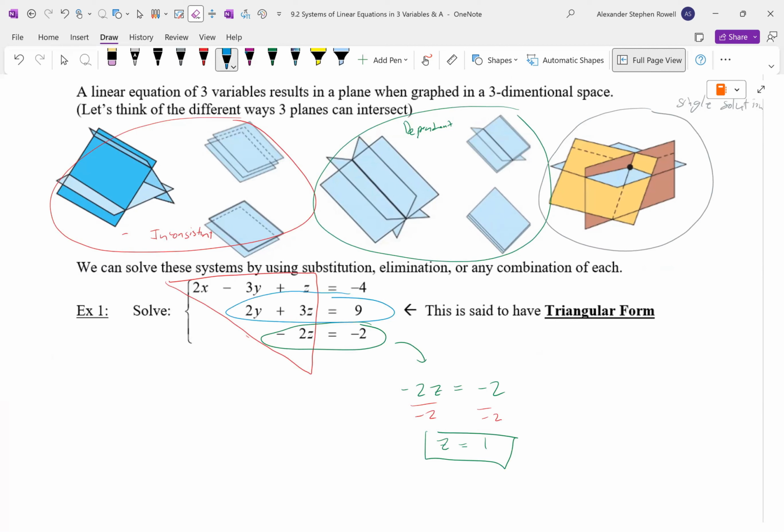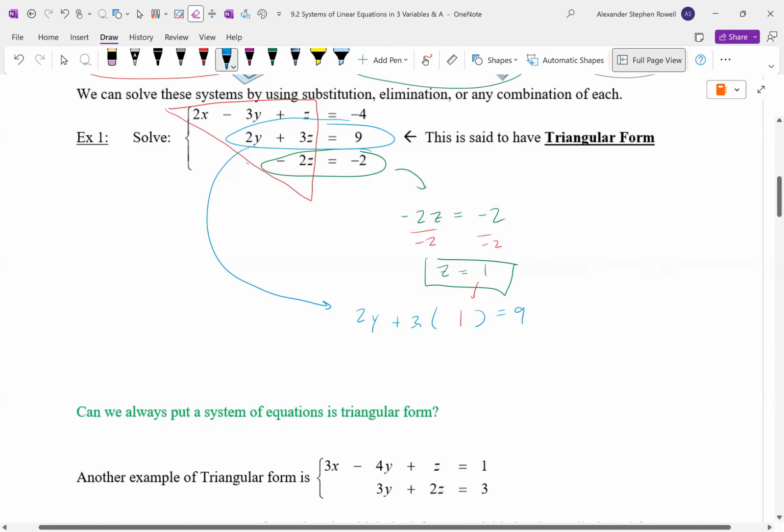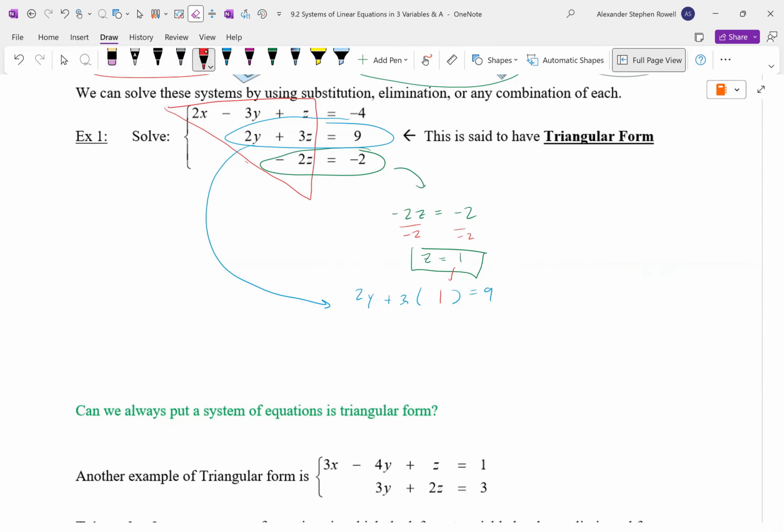Then we can back substitute into the previous equation: 2y plus 3z is equal to 9. We'll plug in 1 for z. Subtract 3 from both sides, we get 2y is equal to 6. Divide by 2, and we get y is equal to 3. Then we plug into the top equation: 2x minus 3y plus z is equal to negative 4.